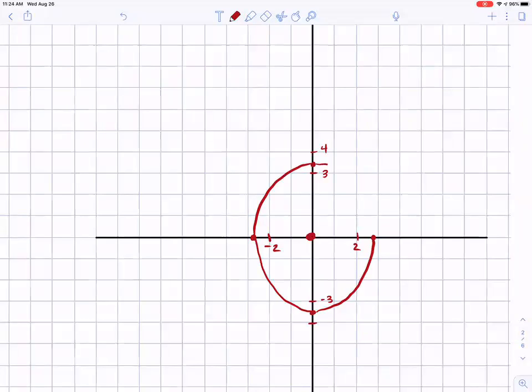Larry's gained a little bit of weight. Okay. So my directions were that I was supposed to find a graph, check. I was supposed to write the center, check. I was supposed to give the domain and the range. Let's do that next. Okay, domain and range.